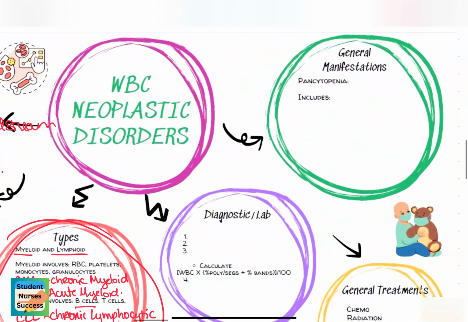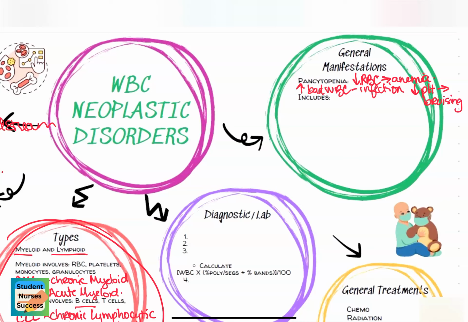Now let's move up to the general manifestations of leukemias and lymphomas. The general manifestations include what we call pancytopenia. Pancytopenia is the underproduction of red blood cells, which causes anemia, the overproduction of bad white blood cells, which actually do not help and they lead to infections, and a decrease in platelet production, which leads to bruising or bleeding.